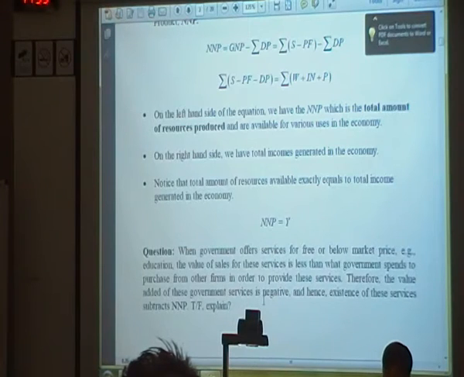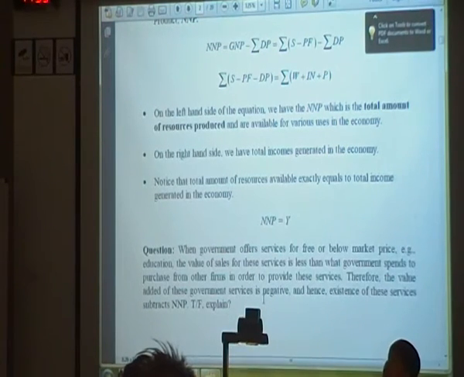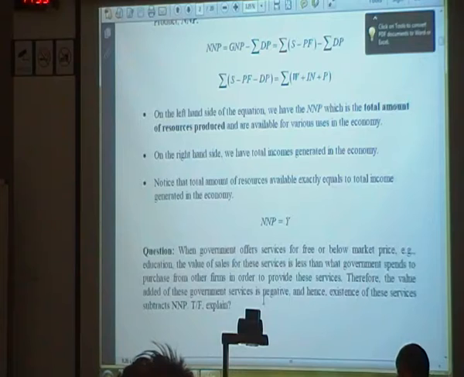The value added of this government service is negative, therefore the existence of such service subtracts your NMP through what? Think.